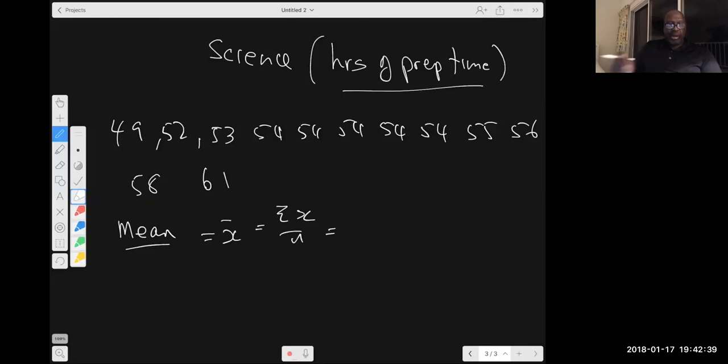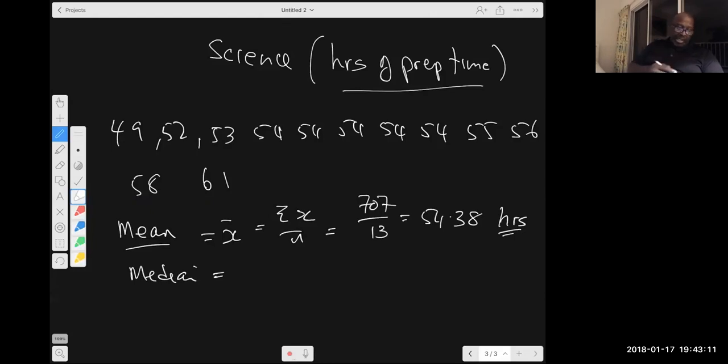I just need to add up all of those values. It adds up to 707. And then I have 13 values. If I take the average of that, I get 54.38. So science teachers spend on average 54.38 hours. So you could repeat that with the English teachers just to find out what they spend. So that's the mean.